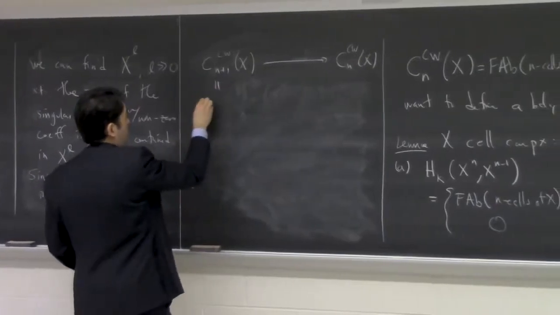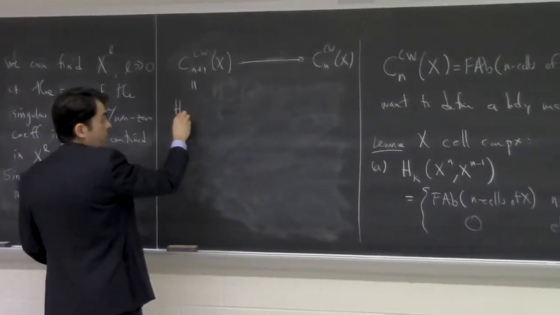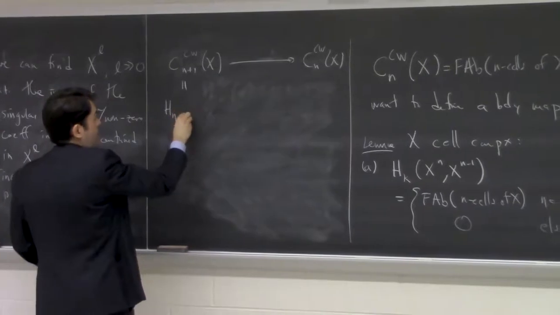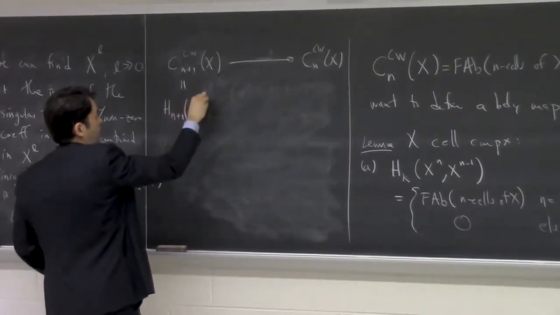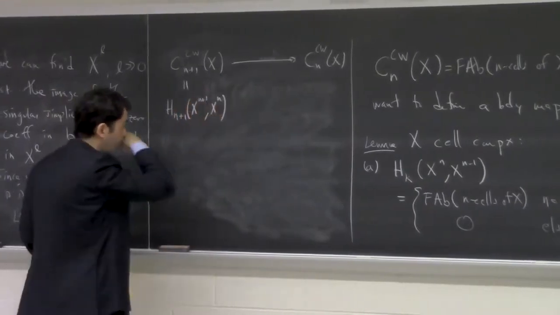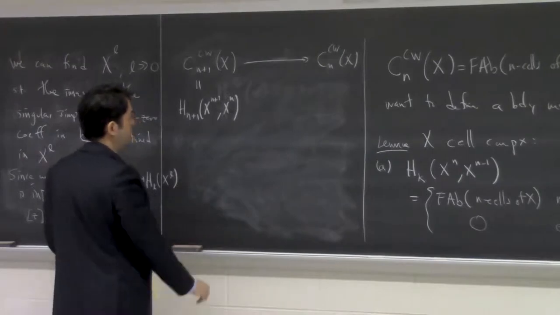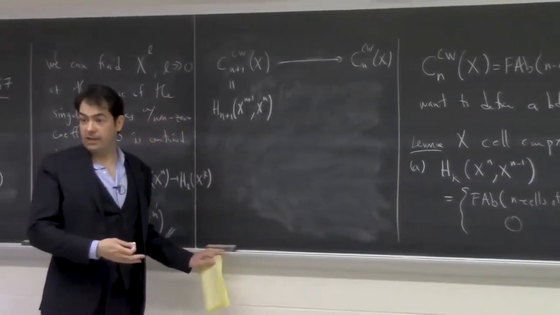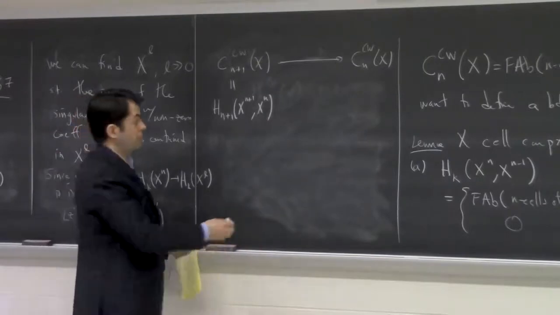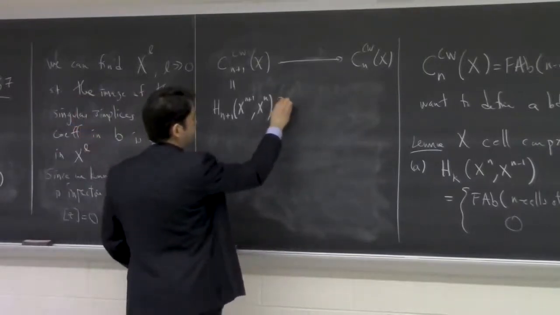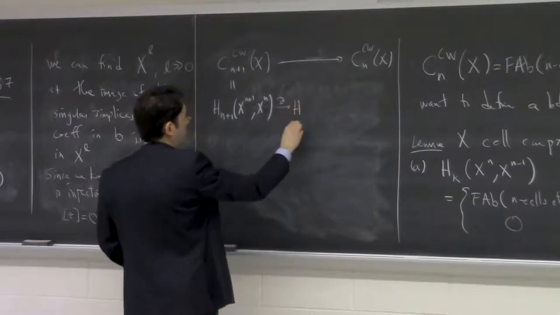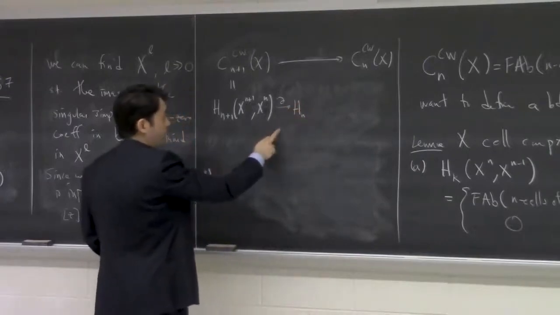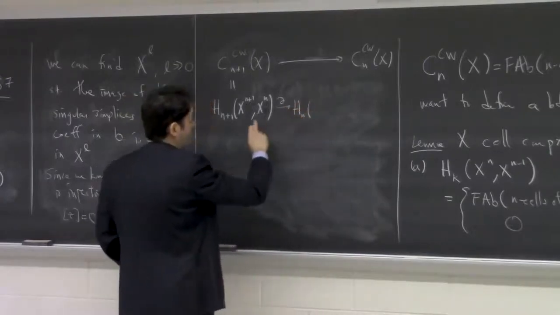Right, so this is H n plus 1 of X n plus 1, Xn. Okay, and then singular homology has a boundary map. So this would be the connecting map in the appropriate long exact sequence.